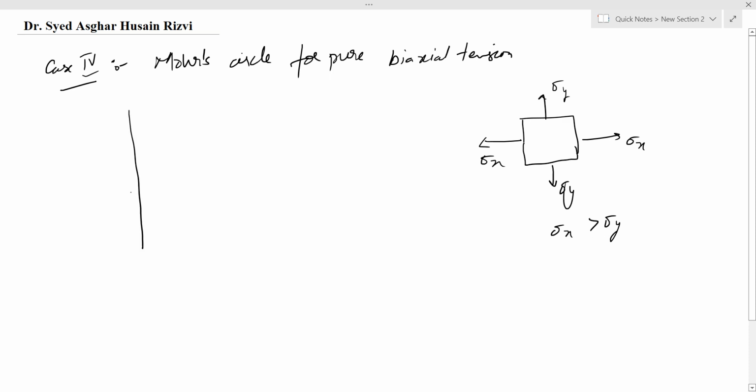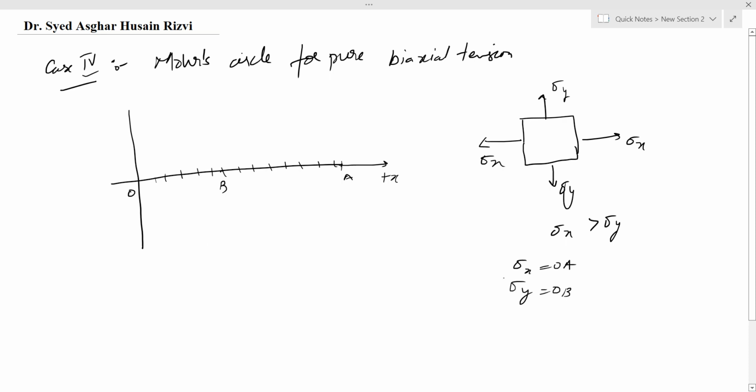Now since both the stresses are tensile in nature, both will be positive, and we will plot them on the positive x-axis. Let this point be A and this point be B. Sigma x equals OA, sigma y equals OB.